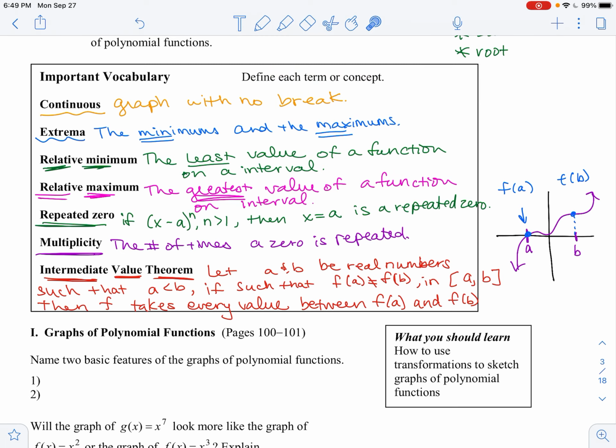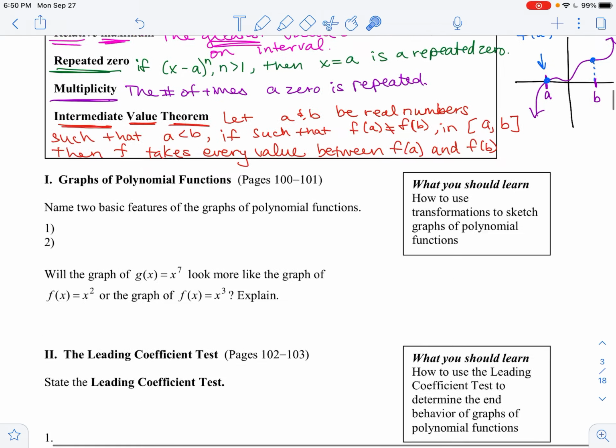A is less than B. We also know that f of A, this value right here, is not equal to f of B. From the value of f of A, which is pretty much 0, to f of B, some positive value, for every x value between A and B, the graph takes every value in between from here to here. Everything is covered, meaning there are no holes and no disconnects.